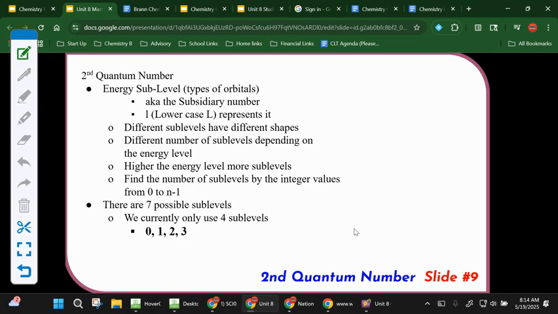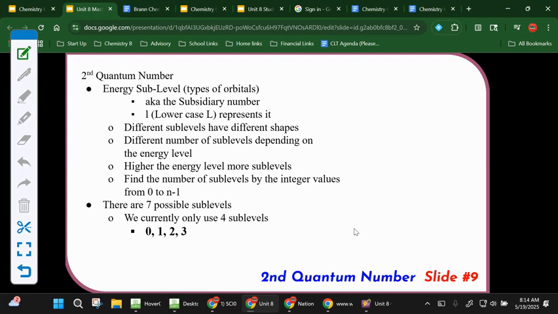But now for our l value, I'll make it this way to try to make it look more like a lowercase l for you. We go from 0 to n minus 1. What is 1 minus 1? 0. That's it. There's 1 sublevel. That's it. No more in the first energy level.